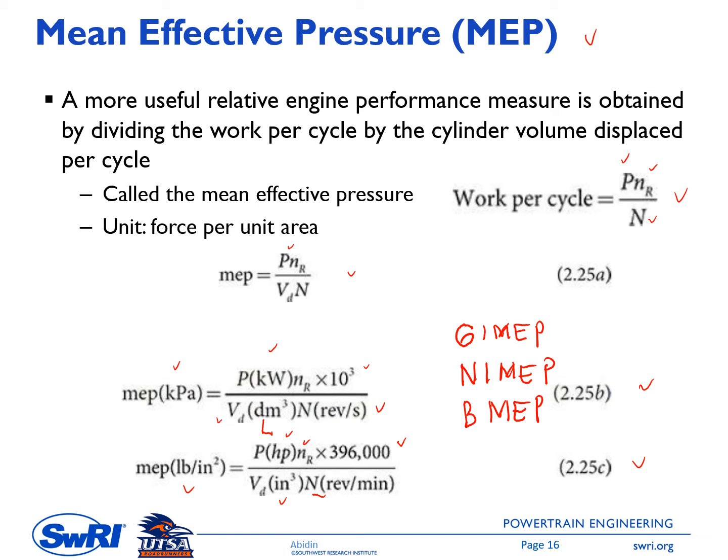Can we have the friction MEP? Yes, then we have FMEP. In real applications, as I mentioned once again, usually we also have PMEP, but in this book we include this PMEP into FMEP.